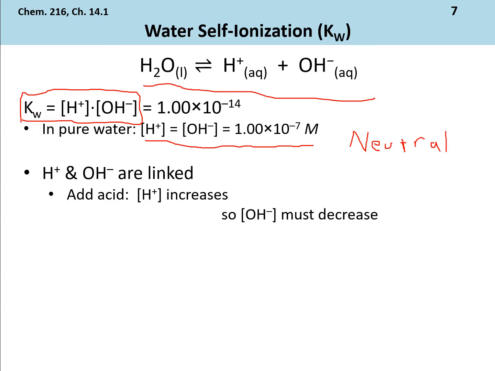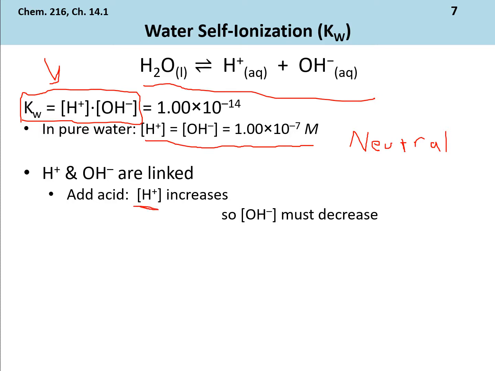In the same way that, if I'm talking about Star Wars, I have balance in the Force if I have the same number of Sith and Jedi, the same number of good and bad, I have the same number of H plus and OH minus. That's neutral.